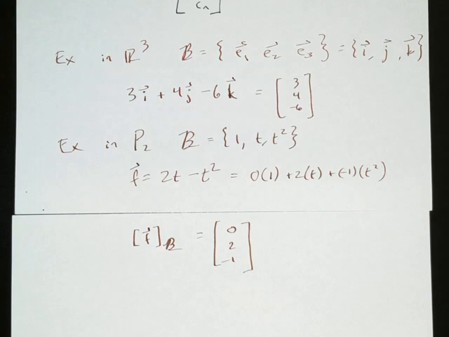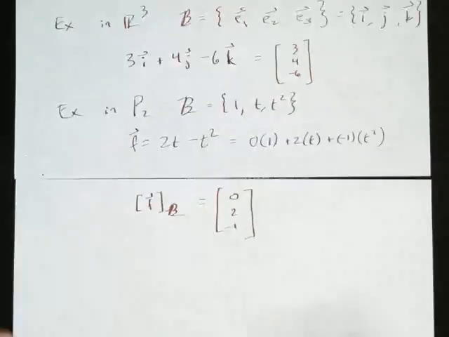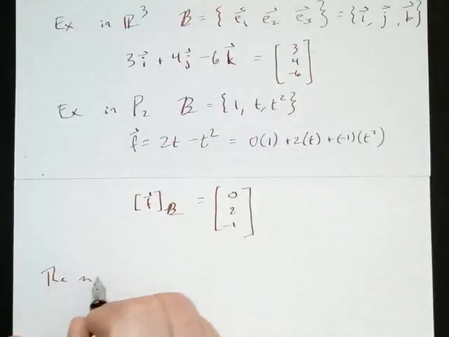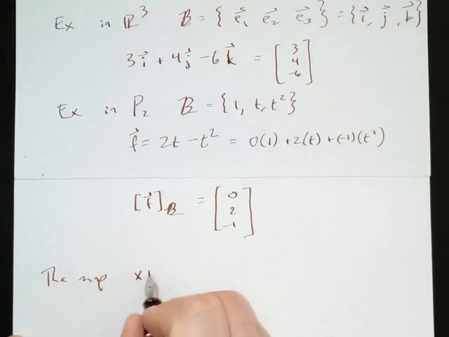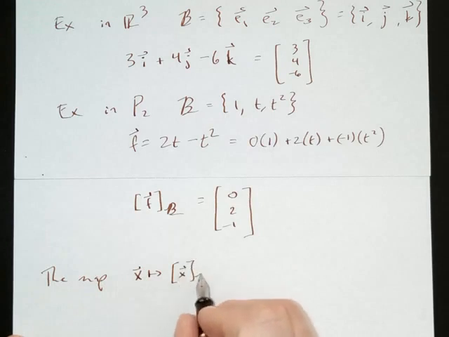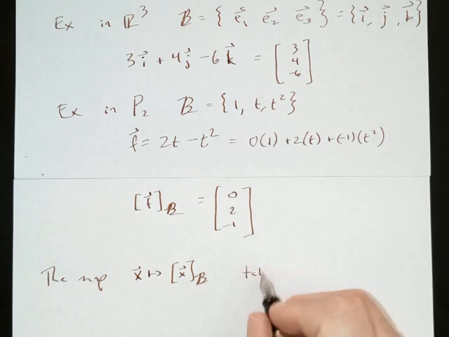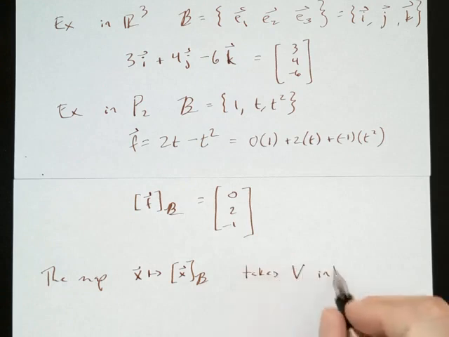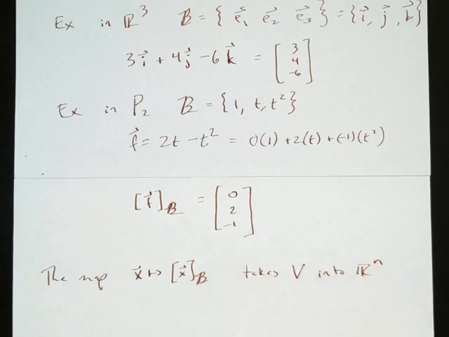The map from a function to its coordinates maps our vector space into Rn.